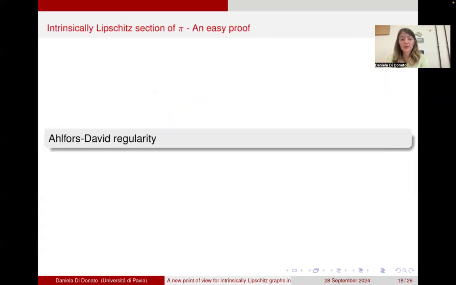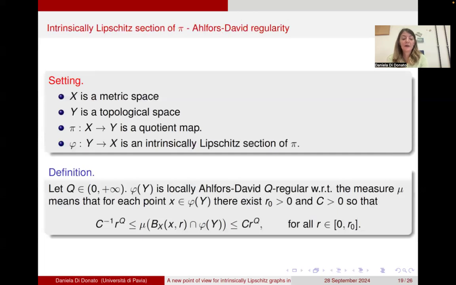I focus my attention on Ahlfors-David regularity. More precisely, I recall our setting. X is a metric space, Y is a topological space, pi is a quotient map, and phi is an intrinsically Lipschitz section of pi.